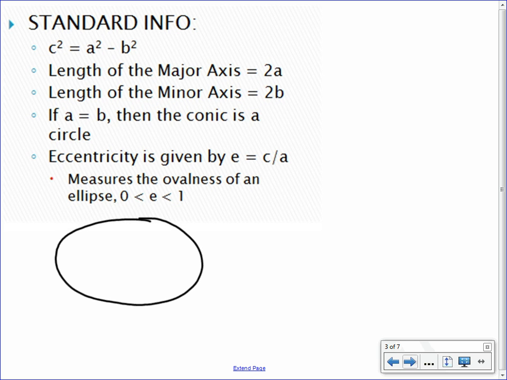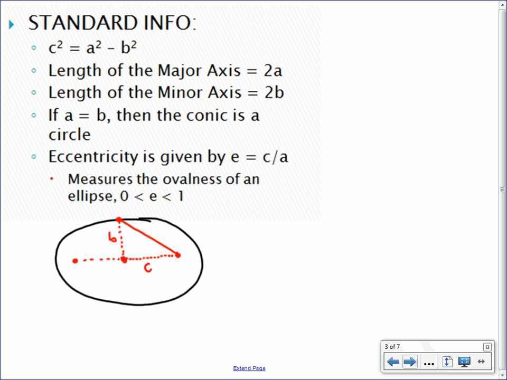Here I have an ellipse. Here's my center. Here are my foci. What is this distance right here? What is this distance right here? b. So what is this distance right here? A triangle.